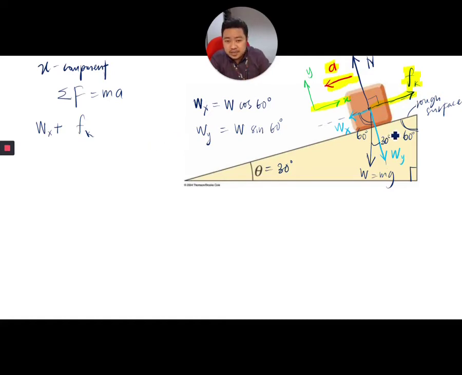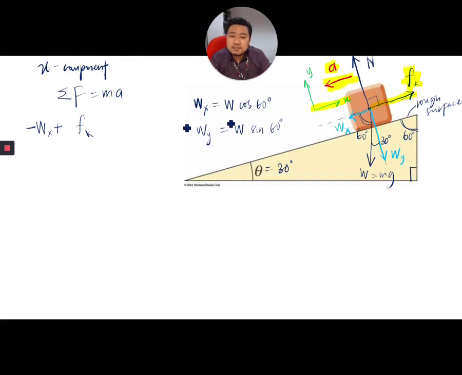For the weight, wx, it is going to be negative, because as you can see, it is going against the direction of positive x. So this is positive x, and wx is moving relatively to the left.